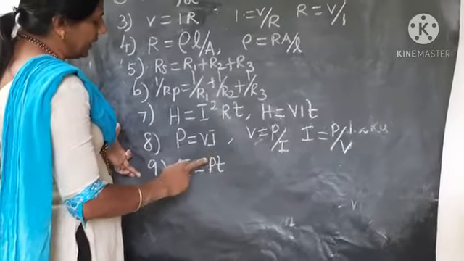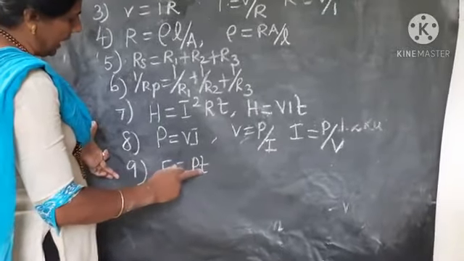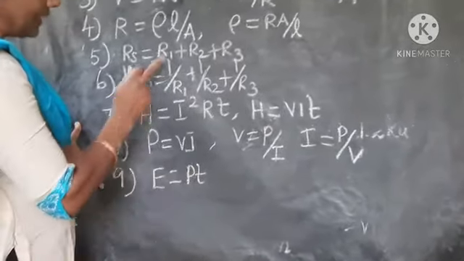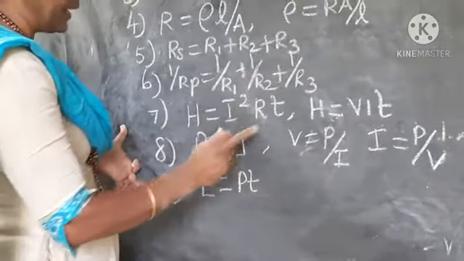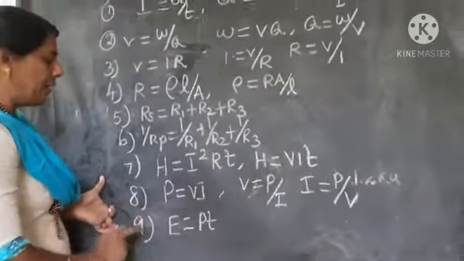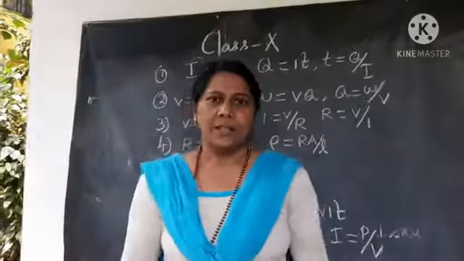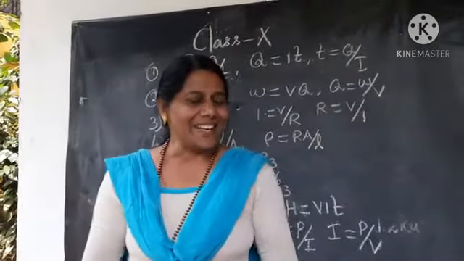Then only you substitute in the formula. And also time should be in hour. But in other cases, time is in second. These things you have to be very careful about. Okay, dear ones. With this, this lesson comes to the end.